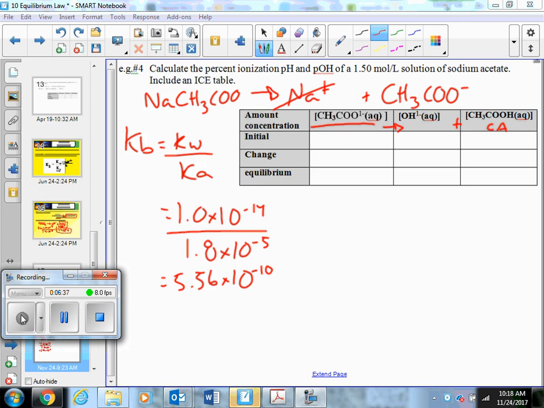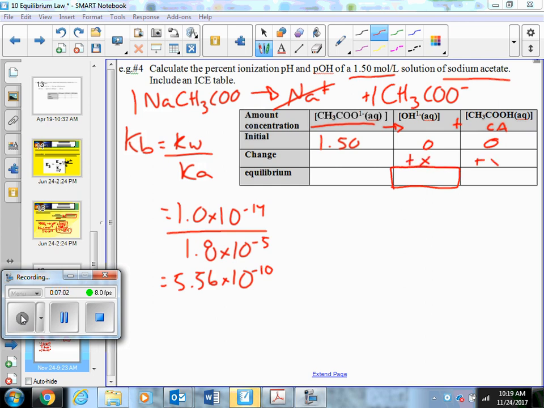What information do we have is the concentration of our solute, the sodium acetate. So this is a 1-to-1 ratio, so the concentration of our acetate ion will be equal to that. We can assume that the hydroxide and the acetic acid start at 0, and I want to know the pH, pOH, and percent ionization. So ultimately, we have to solve for this hydroxide concentration.